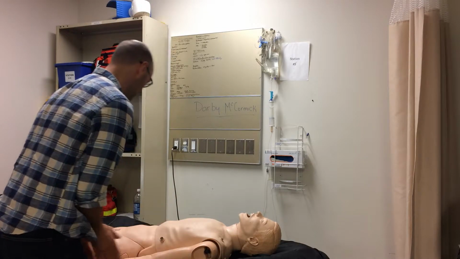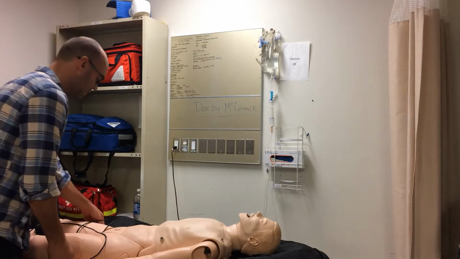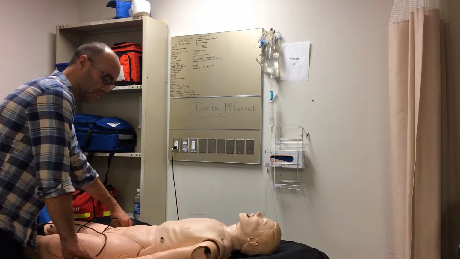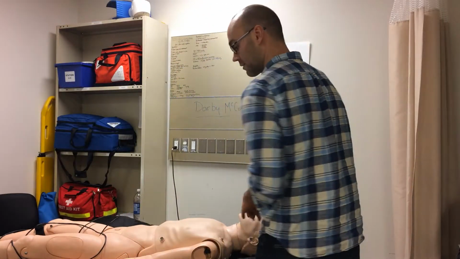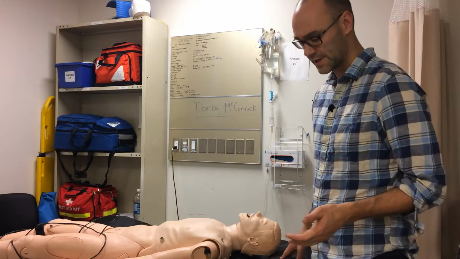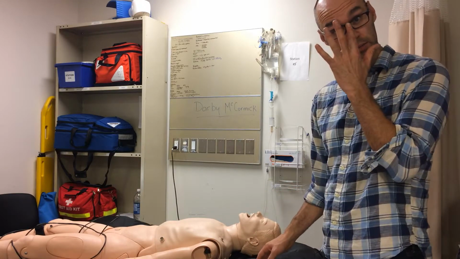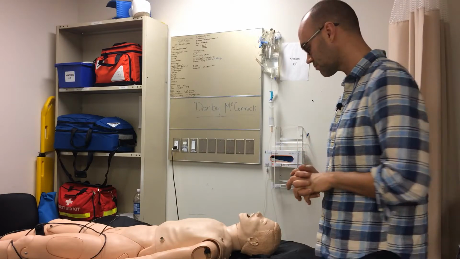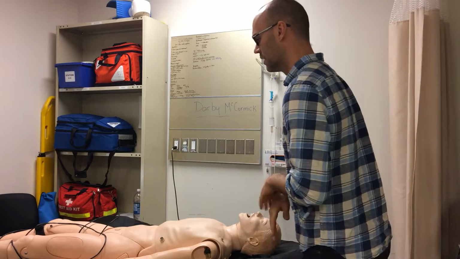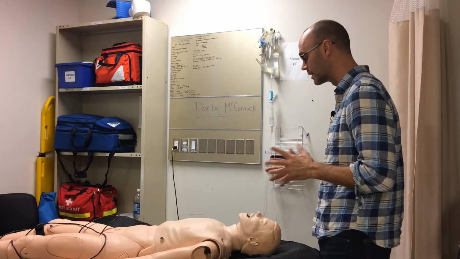Come up, look down his arms, see if there's anything on his arms, and assess cap refill and feel for bilateral pulses. At this point, I can delegate my partner, if they haven't already, to get a full set of vitals for us. If SATs are below 90%, we'll definitely get some oxygen on, and we'll find out if they have any chronic lung disease. So we'll get a vital sign starting with SAT to begin.